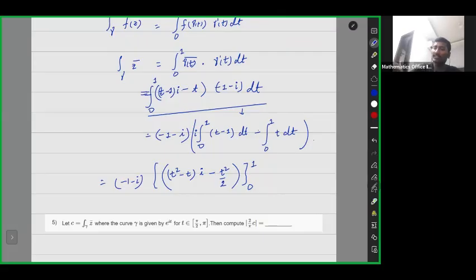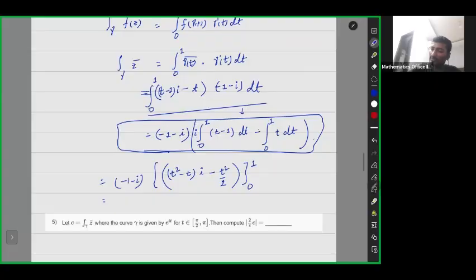Directly, as you pointed out, when we put t equal to 0 we get 0. So we just put t equal to 1, and the first part becomes 0, and this becomes minus 1 by 2. So we have minus 1 minus i, into minus 1 by 2. So we get (1 plus i) by 2. Fine.